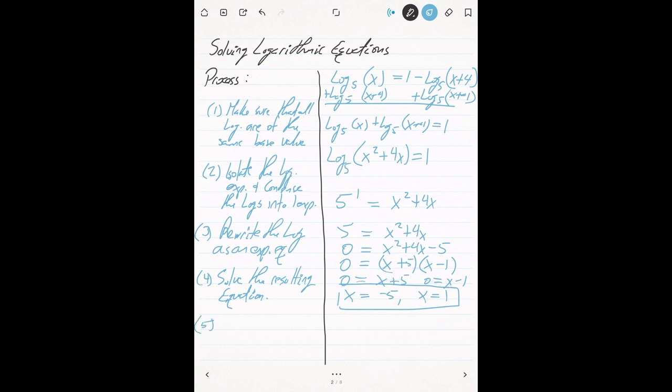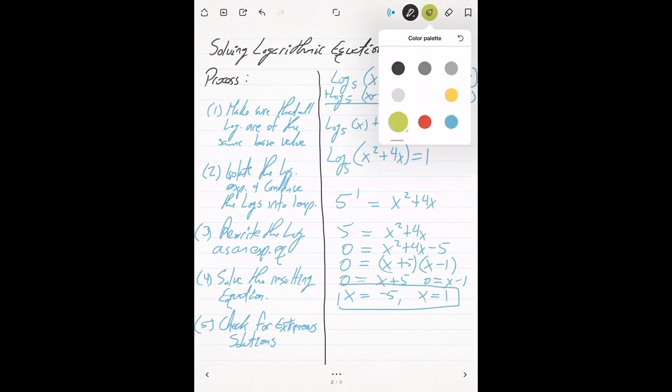So I'm going to say for the last step, check for extraneous solutions. When we check for extraneous solutions, we have to plug both of these values back into the logarithm. Well, one thing I'm noticing right away, what would happen if I plug in -5?